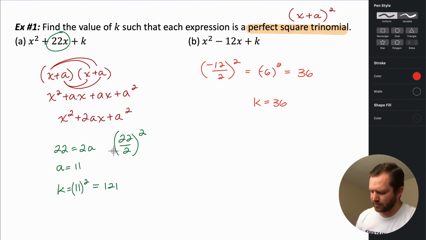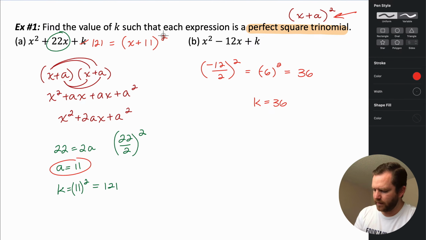Something else you might notice is that we looked at this binomial squared to figure out these values of a and k. So this tells me that if this was 121, it would factor to be x plus 11, that quantity squared.